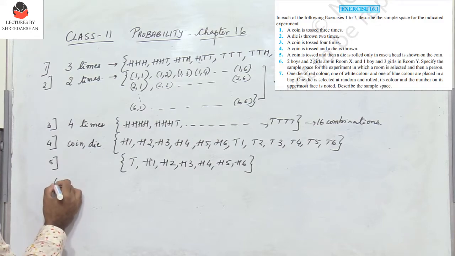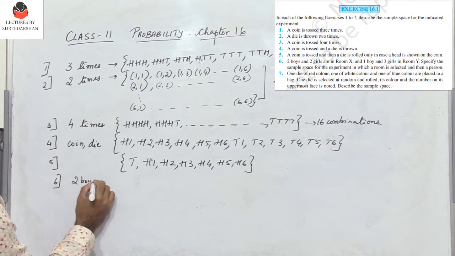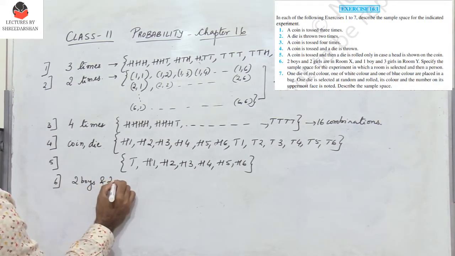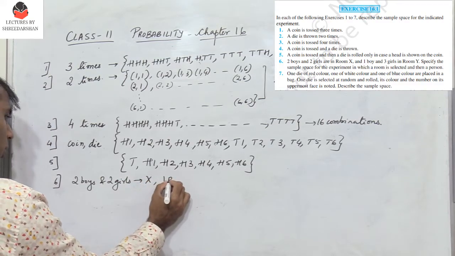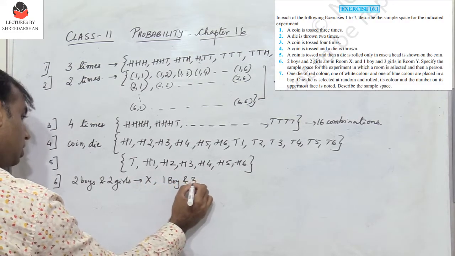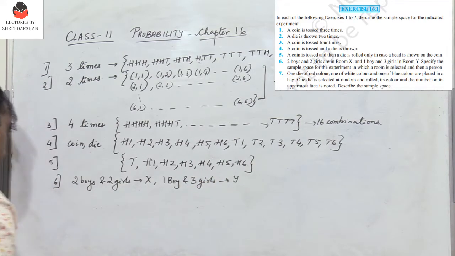Sixth one: 2 boys and 2 girls are in room X, and 1 boy and 3 girls are in room Y. Find the sample space if a room is selected, then a person.